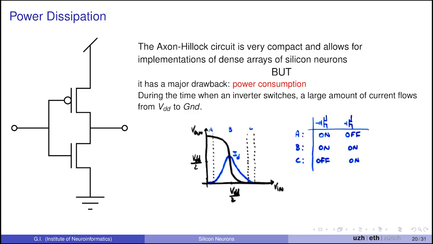And if you look at the current flowing through the inverting amplifier, the current is maximum when you're exactly in between. And that's why this circuit is burning a lot of power, because we're using analog current dynamics to drive digital circuits, which will then be in this open state for milliseconds.